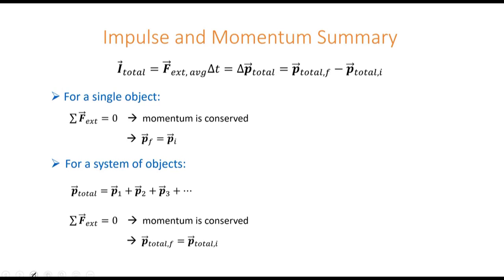And if all the external forces acting on that system sum to 0, momentum will again be conserved, but we'll have to think about the total momentum. The momentum of individual objects in the system can change, just like our skaters, whose individual momenta changed, but the total amount of momentum in the system will be conserved.